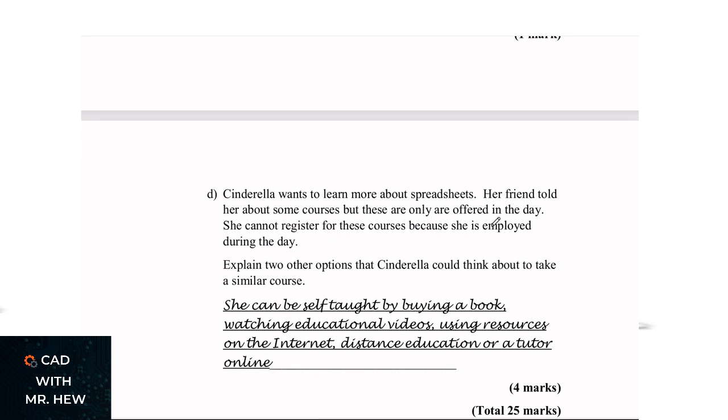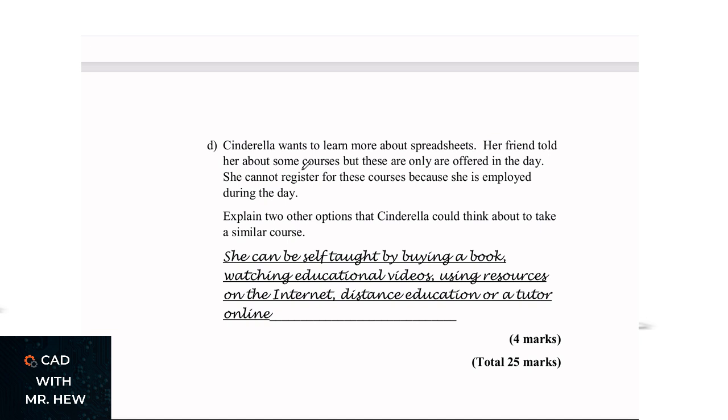All right, here's another question. She wants to learn more about spreadsheets. Her friend told her about some courses that are offered during the day. However, she cannot register for these courses because she's employed during the day. Explain two other options that Cinderella could think about to take for a similar course.